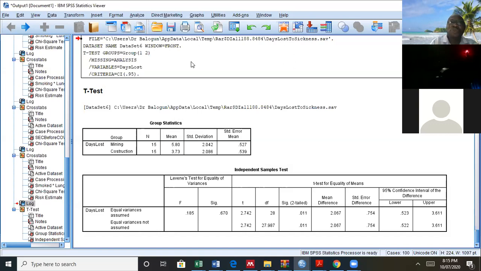Sometimes we mingle study designs. If you want to do an experimental study, some people first of all make sure that they sample, that's why they do randomized control. They say randomization is the hallmark of experimental design.